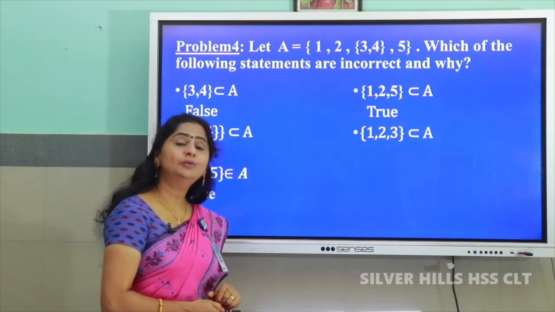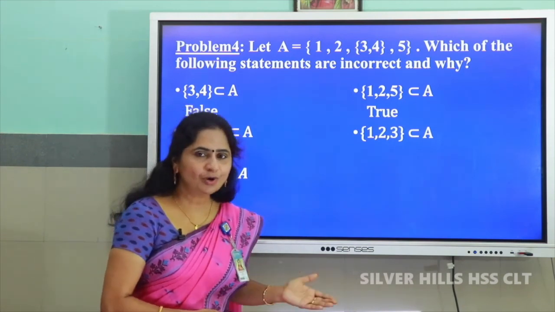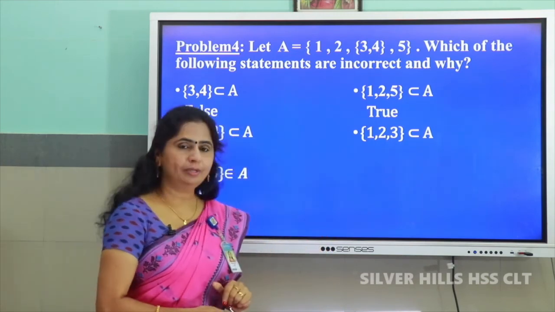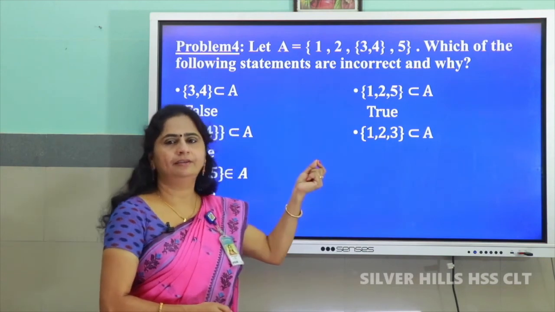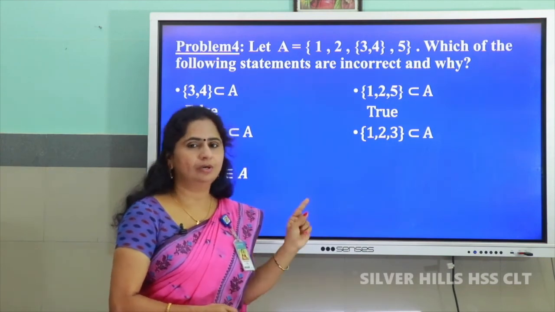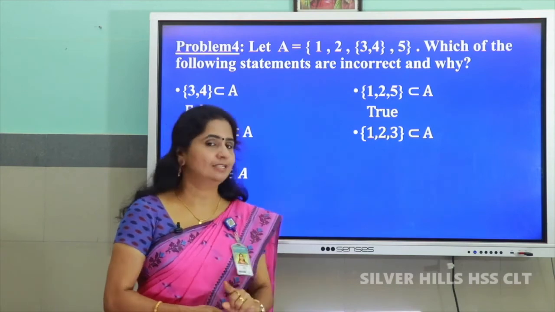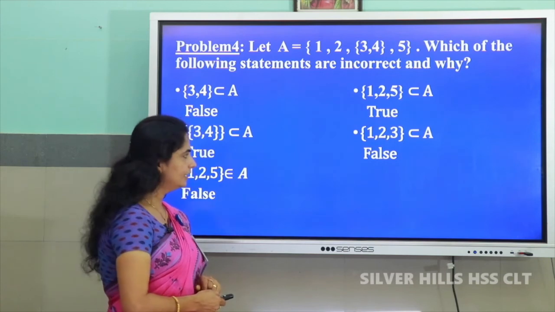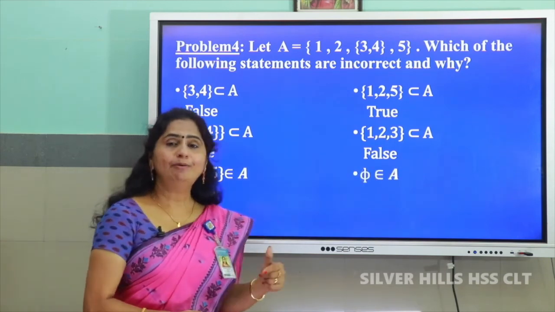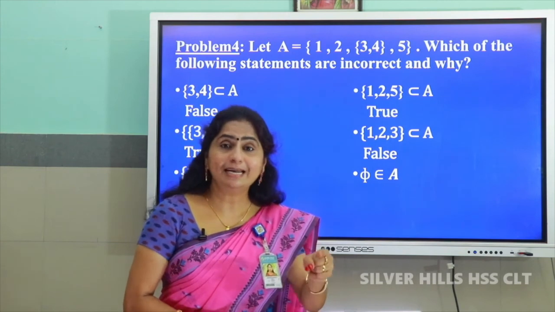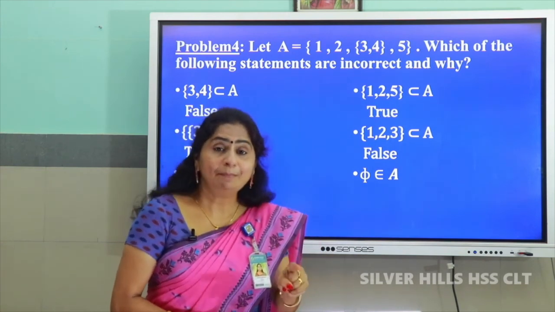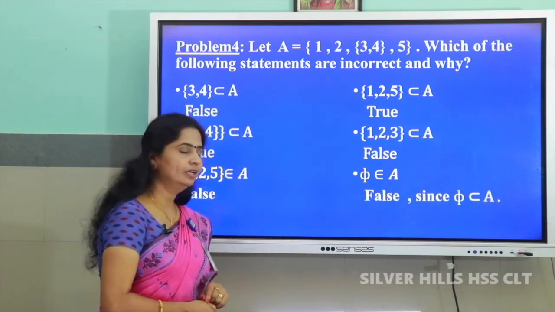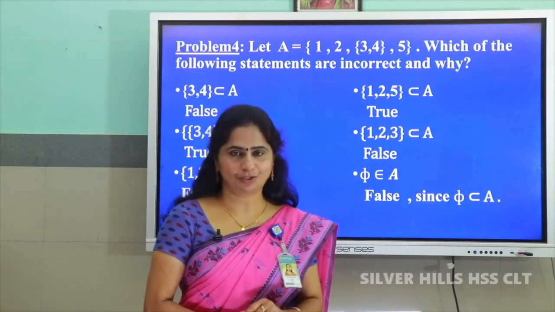Next, {1, 2, 3} is a subset of A. Is it true or false? 1 is there in set A, 2 is also there, but there is no separate 3 there. {3, 4} is there, but a separate 3 is not there. So the set {1, 2, 3} is not a subset of A. So the given statement is false. Next, the empty set belongs to A. We know that the empty set is a subset of all sets. So this statement is wrong since the empty set is a subset of A.